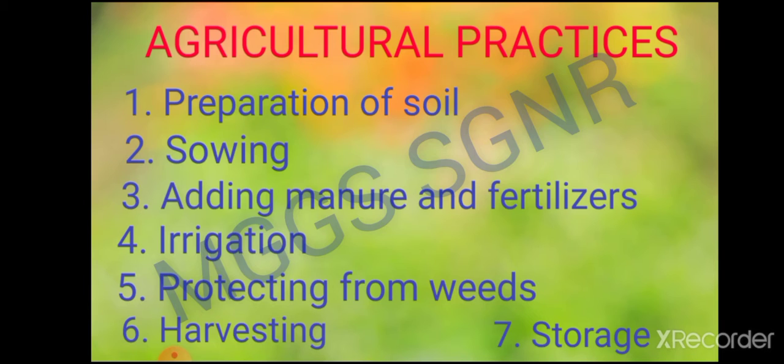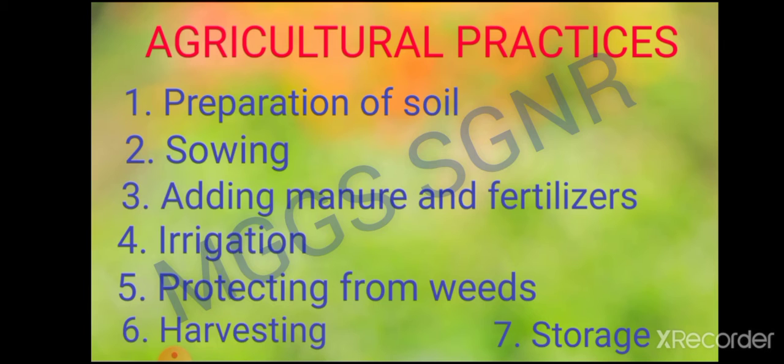After sowing the seeds, we add manure and fertilizers to maintain the nutrient level in the soil, so that plants can get minerals and nutrients from the soil, grow properly and give a good harvest.